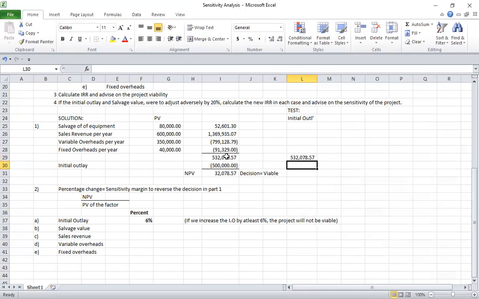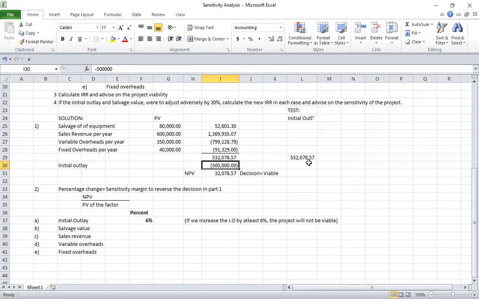That does not change. The only thing that we are changing is this initial outlay. And in this case we are saying that if we increase it by at least 6%, then the project will not be what? Will not be viable.